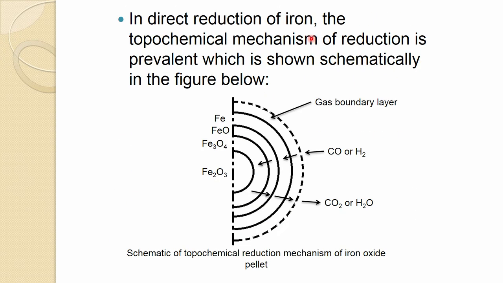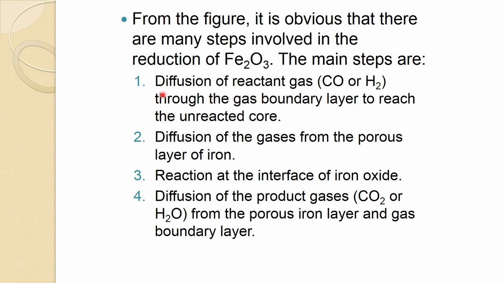When we say any of these steps can control the reduction process, the meaning of it is, if CO is not reaching properly, or proper amount of CO is not reaching due to very low diffusion, then this process of diffusion of gases through the gas boundary layer is difficult for CO, and this is sort of your controlling mechanism, because when you are not able to get more CO due to this limitation, though other reactions may be faster and can react and can form, this could be a limiting step.